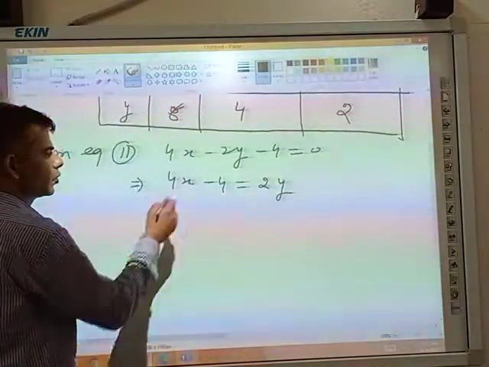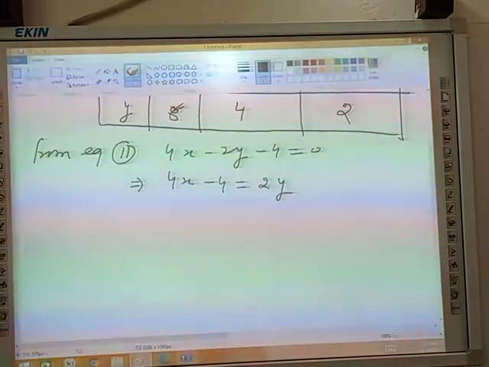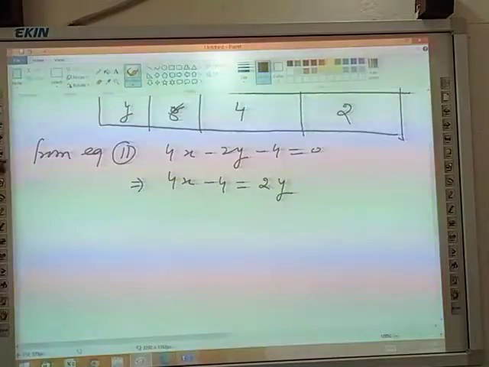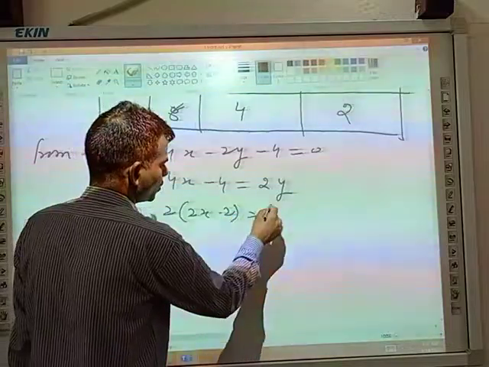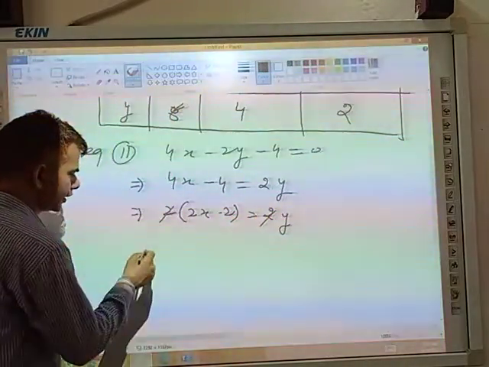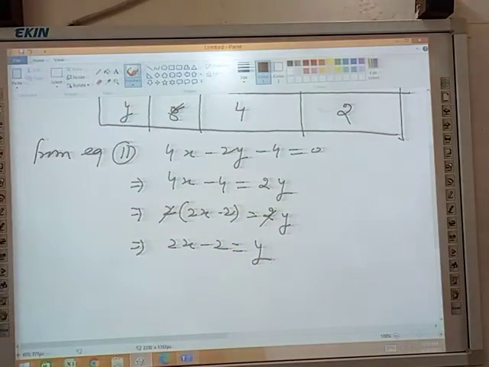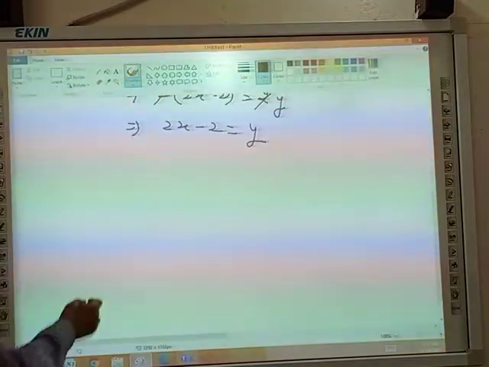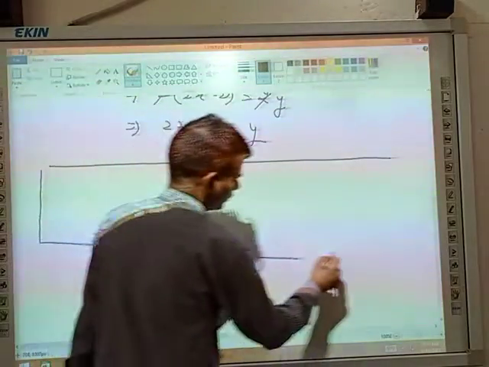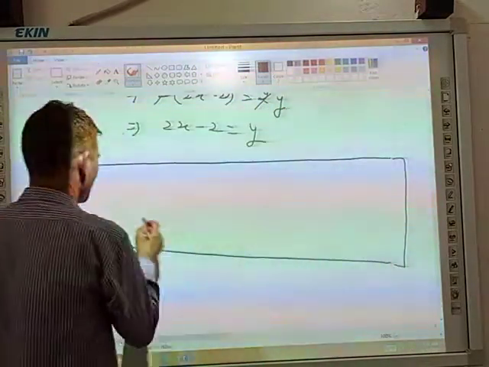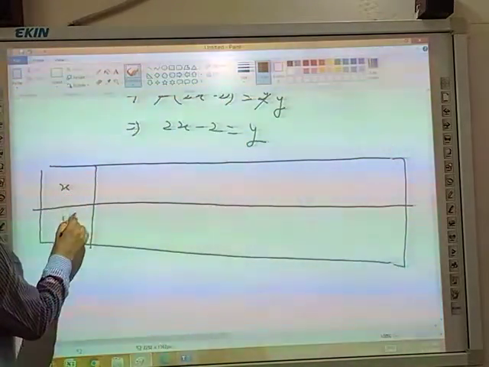Taking 2 as common throughout, we get 2x minus 2 is equal to y. The 2s cancel out. Now students, draw the table. Any doubt, any problems? No, sir.